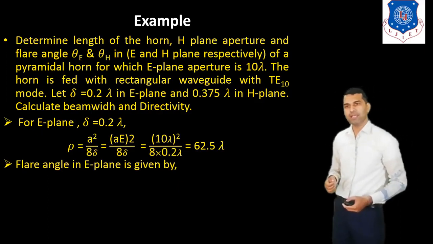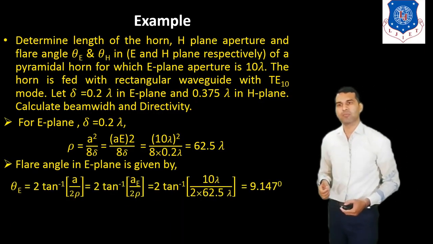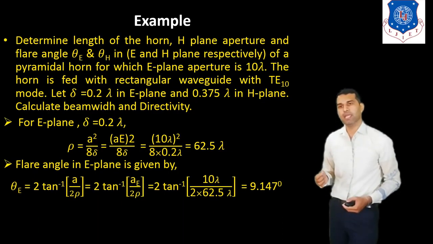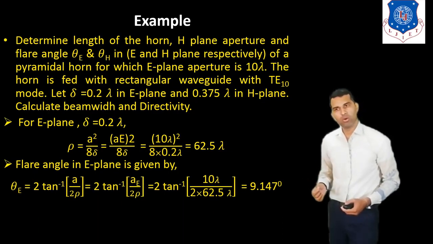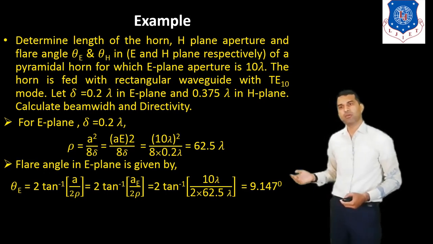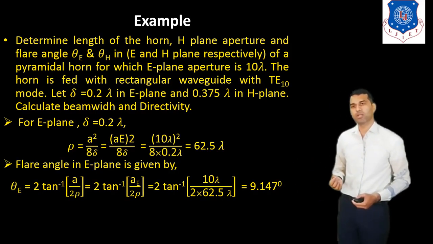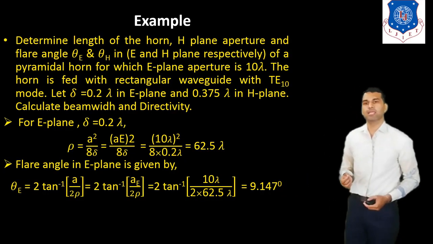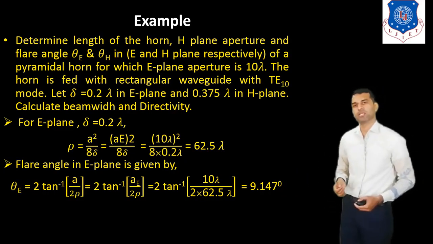Now the flare angle in the E-plane is given by theta E is equal to 2 tan inverse (aE upon 2 rho). Putting the values of aE and rho, we get the flare angle in the E-plane as 9.147 degree.